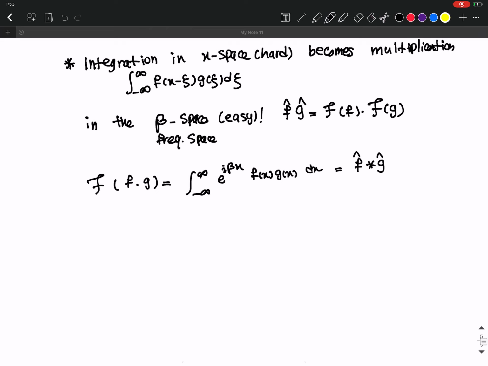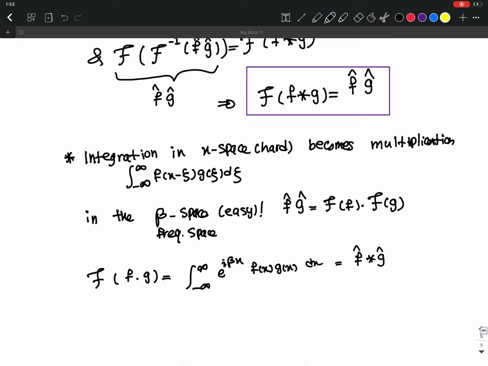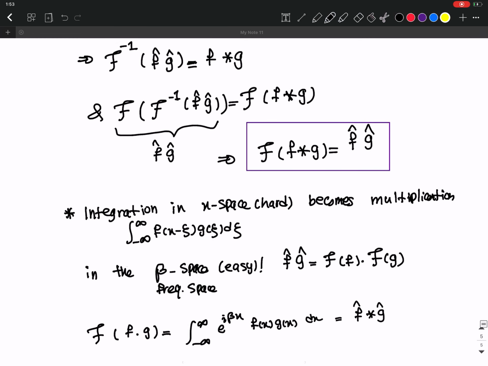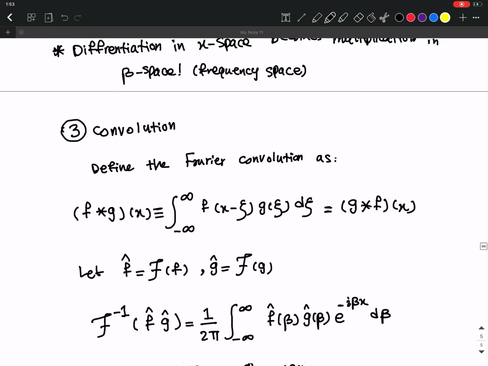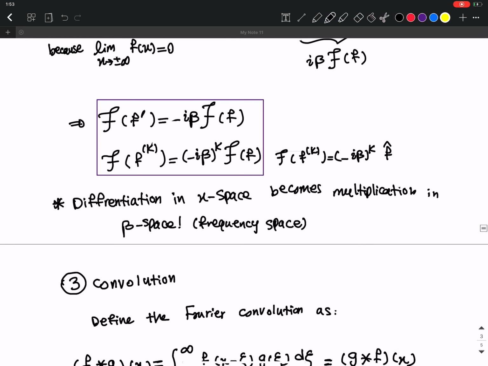Okay, so this was about convolution, and one thing I want to note is, as you see, if you have integration or differentiation in the regular space or x space, then using the Fourier transform is going to be beneficial for us to solve these PDEs, because they will be reduced to just multiplications.